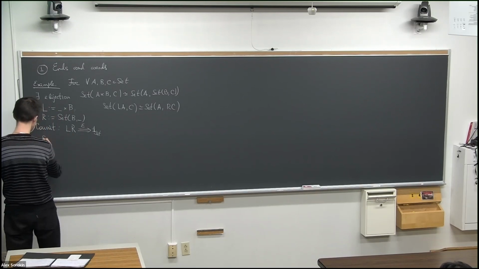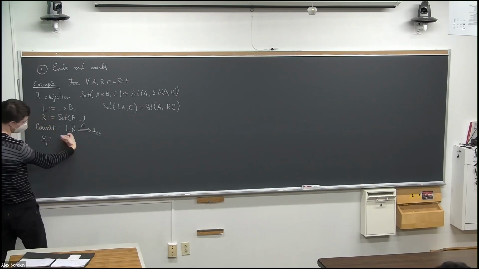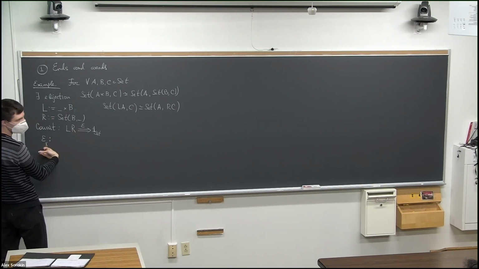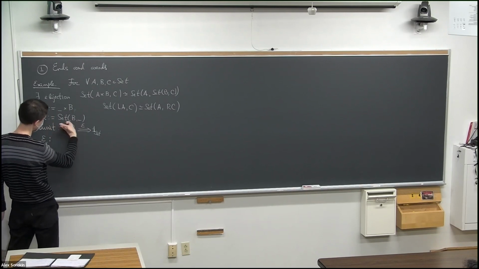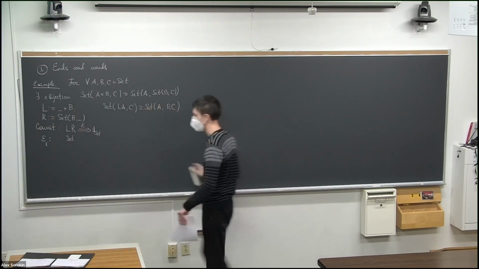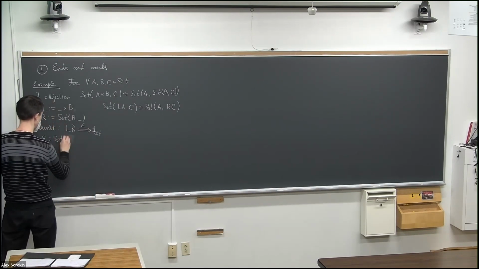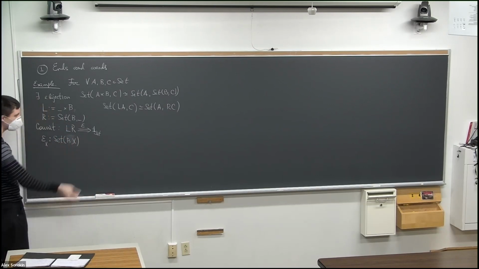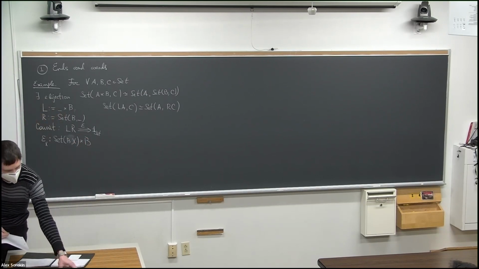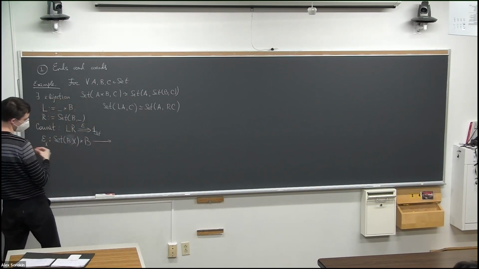So epsilon of X is a map: first we apply R to our set X. So R of X will be the set of all maps from B to X, and then we apply functor L, so we take a Cartesian product with B. Then we should land in X.